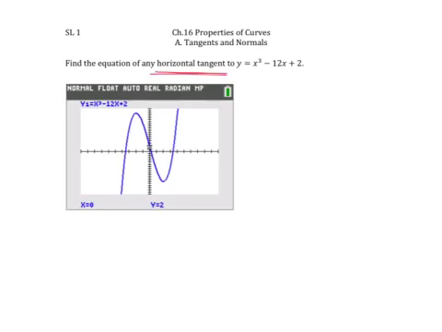So tangent lines exist on this graph at the local maximum here and the local minimum over here. You could simply use your graphing calculator to find the y values at each of the local minimum and maximum. That's going to give us the equation of the horizontal tangent lines, and we could also find this mathematically.